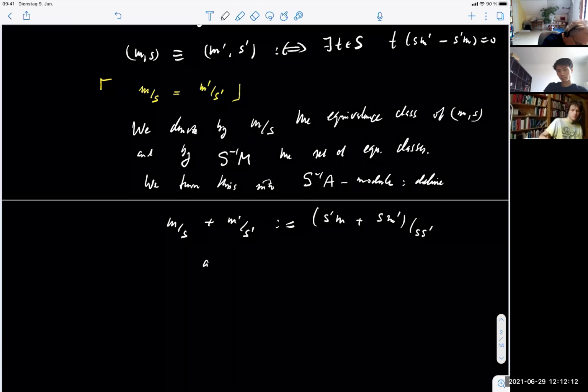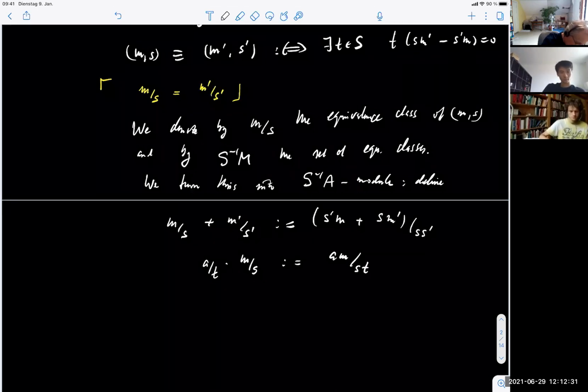Or the scalar multiplication. Now, the scalar is an element in the localization of the ring A. It has this shape, multiplied with an element in my localized module, which has this shape. And what it should be is this. Okay, this is the definition.